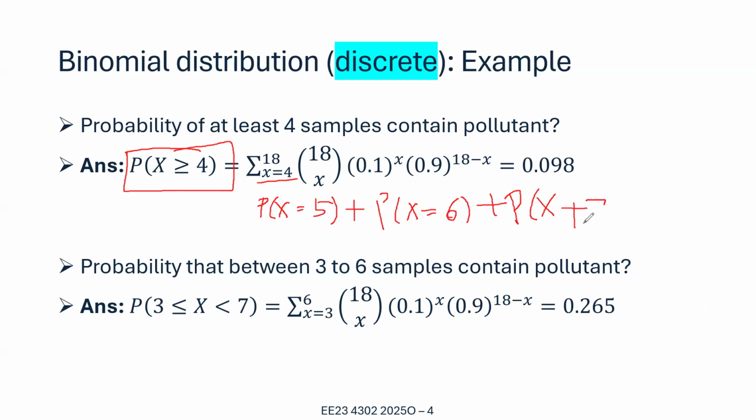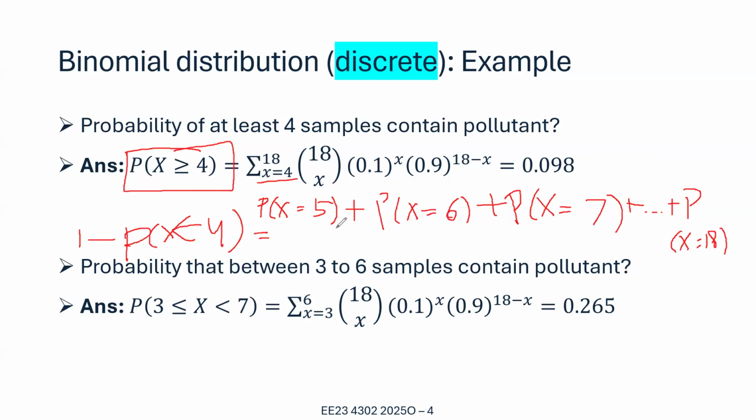Actually, there is maybe a shorter way, where we just look at P(X < 4).